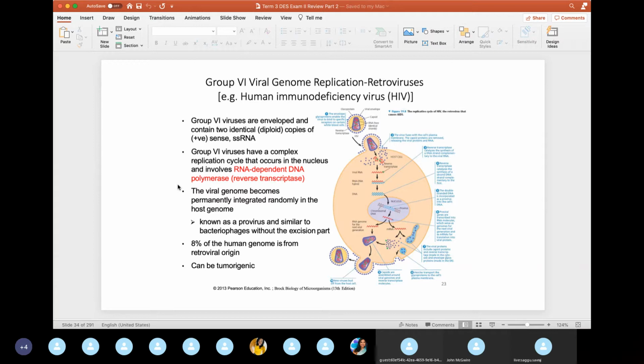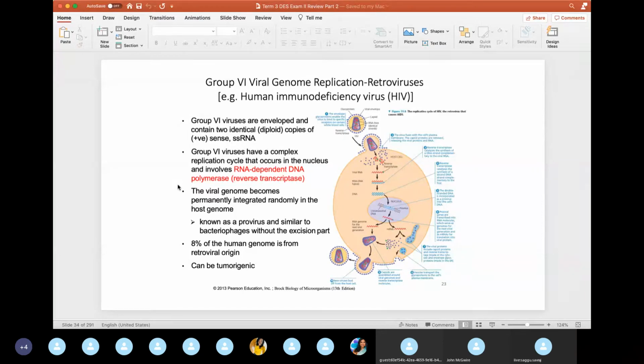First, you have fusion, right? It fuses with the host cell, and then the virus has reverse transcriptase. The reverse transcriptase catalyzes the synthesis of a DNA strand complementary to the viral RNA, and this RNA-DNA hybrid goes to your nucleus now.